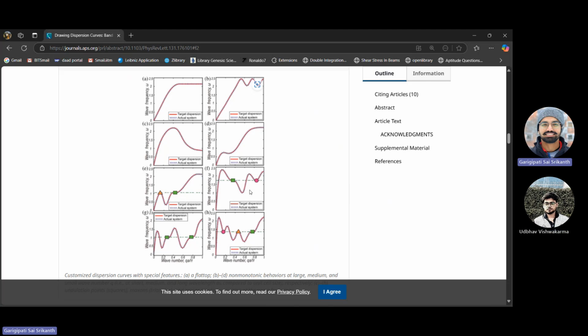I've tried these lateral local resonance type of systems, and you get similar results, not exact, but you get some beautiful patterns. I'll share it later; I'll have to find where exactly those results are.